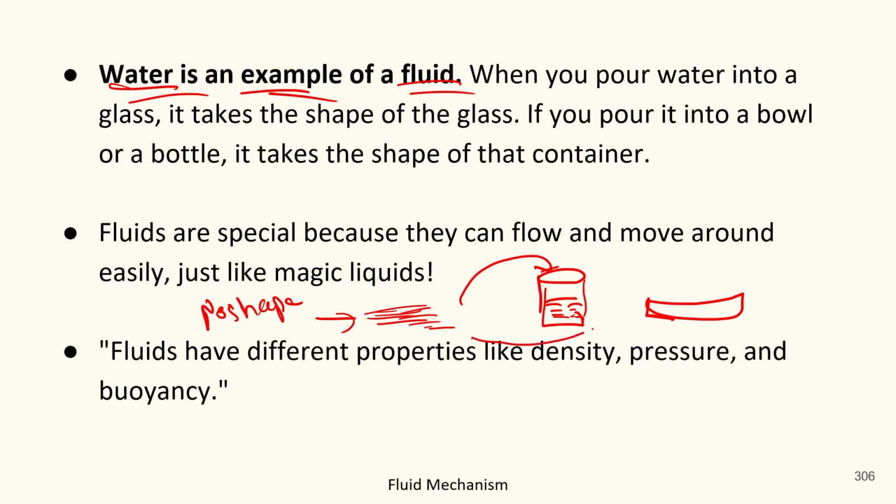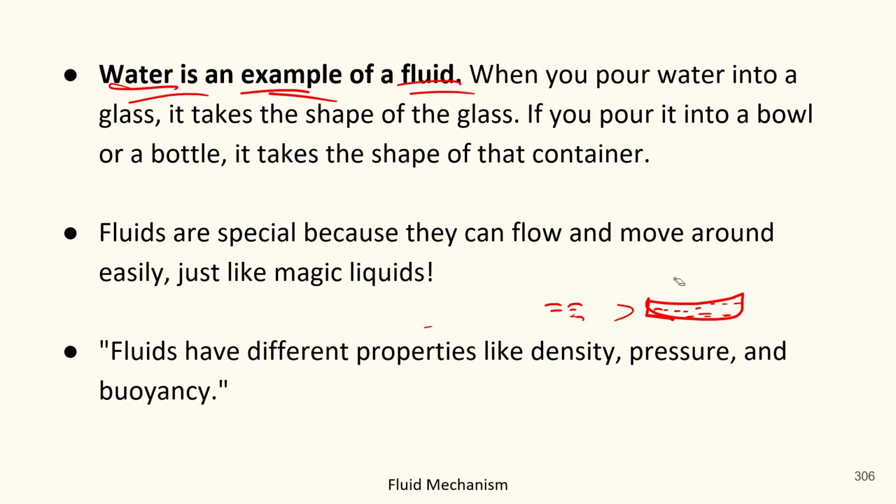Whereas if you pour it into the bowl, it will take the shape of the bowl. Got it? So water is an example of fluid. Okay. Fluids are important and special because they can flow and move around easily. Alright. And they have different properties like density, pressure and buoyancy, which we will discuss in this lecture.